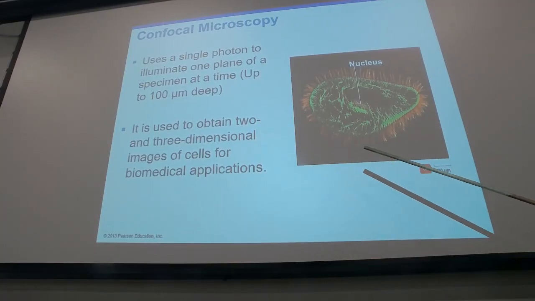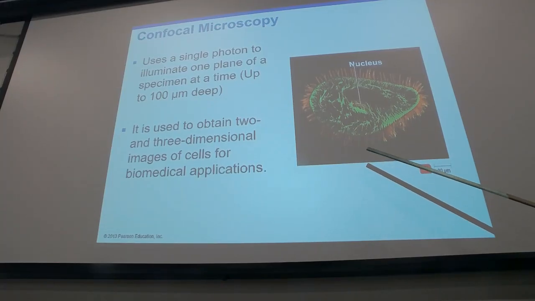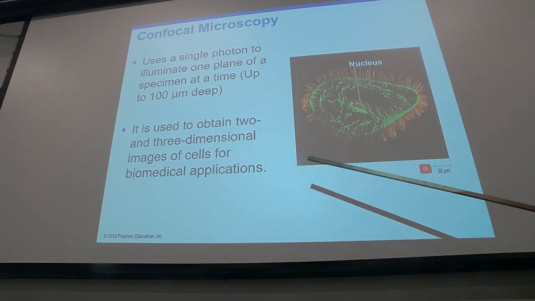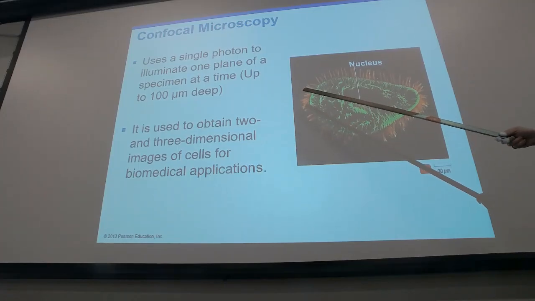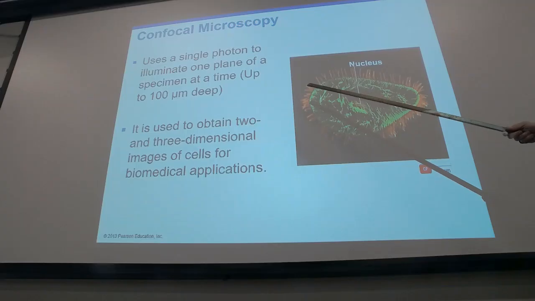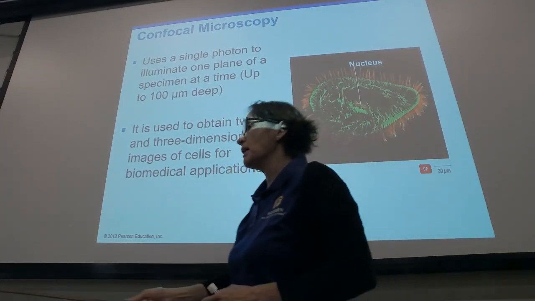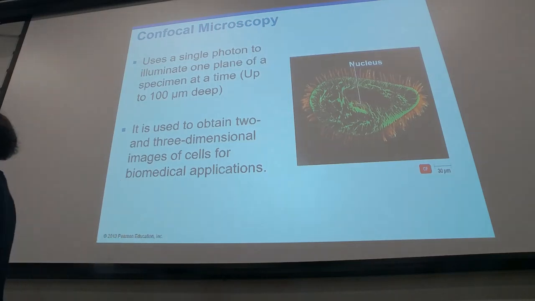So you see more vibrant objects with this type of microscope, and it uses a single photon of light, and it can basically take images of one plane at a time up to 100 micrometers in depth.